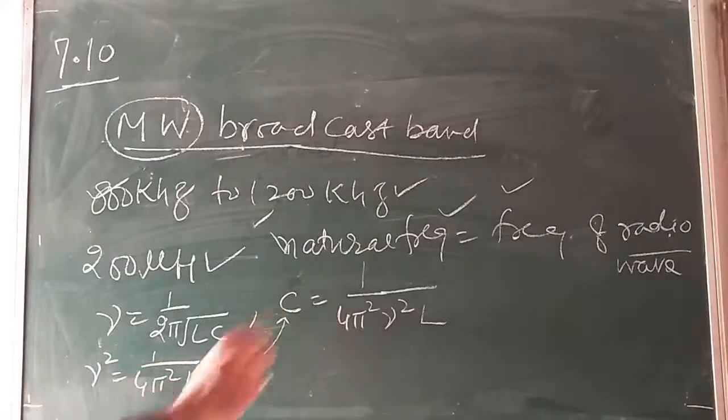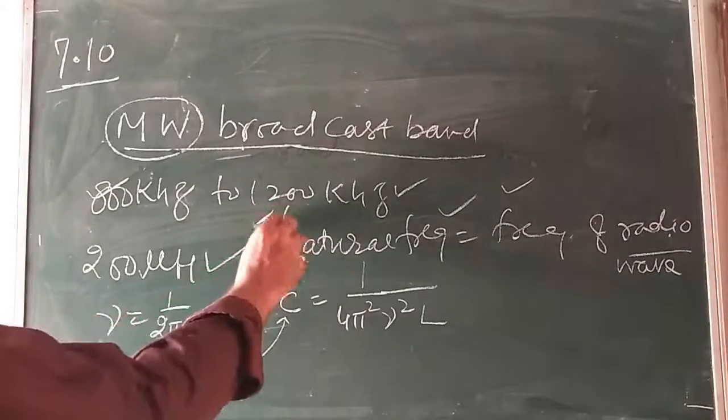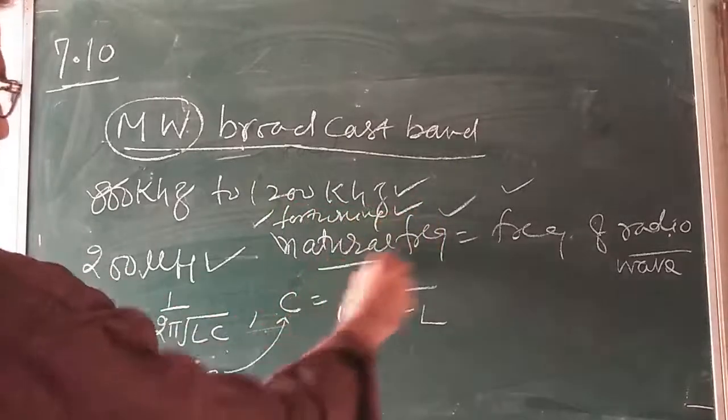Then converting this formula, C comes out to be 1 upon 4 pi square nu square into L. For tuning, write this condition. Remember.